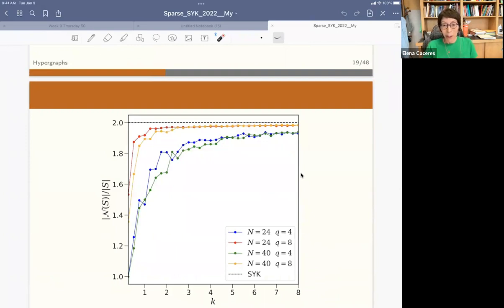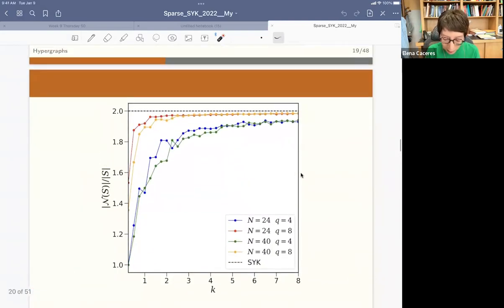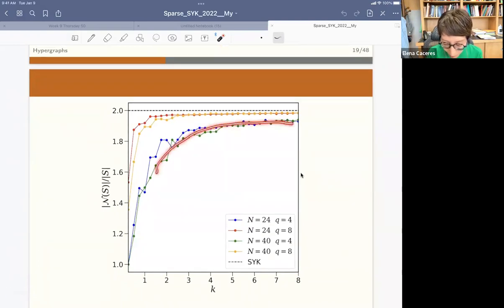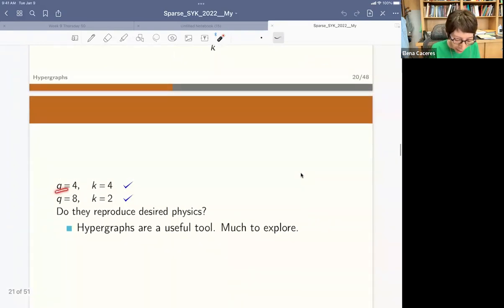Okay, but from this thing you can say, this one is the Q equals 8. Remember, these are just hypergraphs, so these guys know nothing about physics. It's just the connection of the couplings. So far we don't know anything about physics. The next step is to say, aha, what can I say from here? I could say that for Q equals 4, I need to go to a higher K, kind of K equals 4 or more.